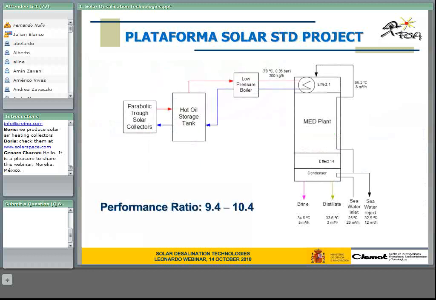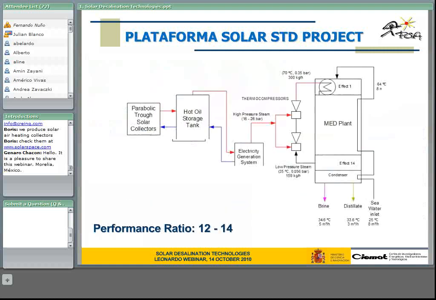Considering this configuration, with just the parabolic trough field and the oil tank, the performance ratio that we achieved was from 9.4 to 10.4.